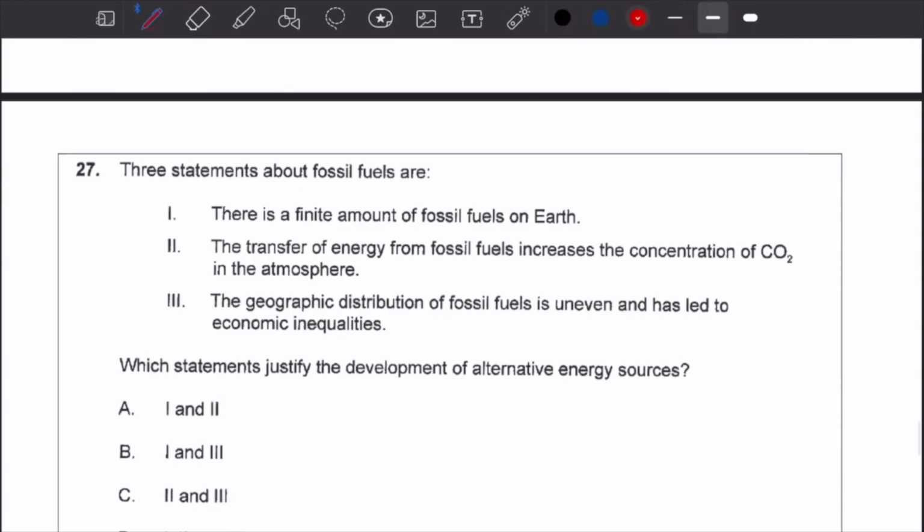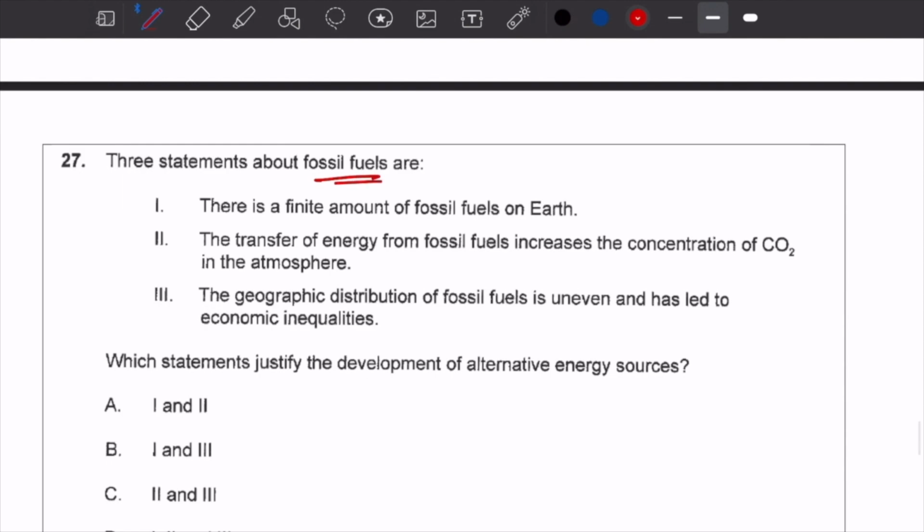Three statements about fossil fuels. There's a finite amount of fossil fuels on Earth. Of course, that's why they are expensive, because if we had an unlimited amount of fossil fuels, there wouldn't be wars, there wouldn't be friction among communities if we had unlimited energy, right? So we definitely don't have unlimited fossil fuels.